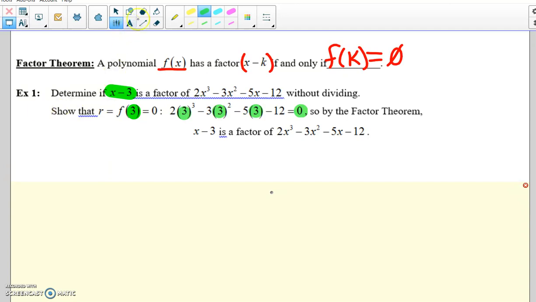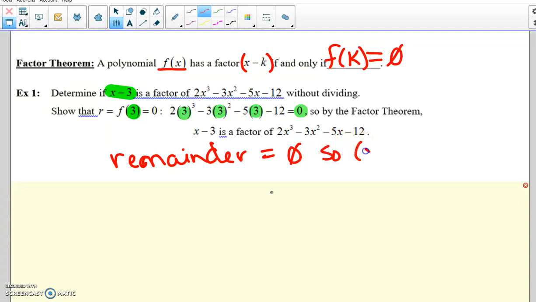So what that means is the factor theorem can prove really quickly that all of that equaled 0, and since the remainder equaled 0, then x minus 3 is an actual factor. It is a factor. That's what it means. And that'll just tell you that that's something you can use when you are going to go depressing the polynomial. It'll tell you that this is going to be legit. It'll break down nicely, and then you can go on and proceed to continue breaking it down again. You won't have any messy remainders.